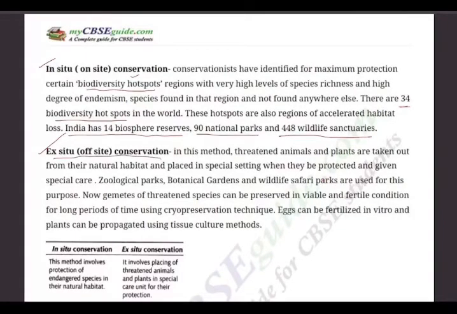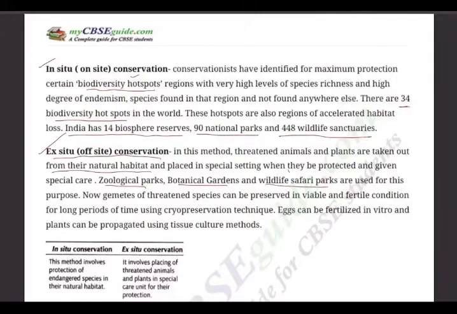And then the second one is ex situ conservation. In this method, threatened animals and plants, meaning the almost endangered animals and plants, are taken out from their natural habitat and placed in a special setting where they will be protected and given special care.